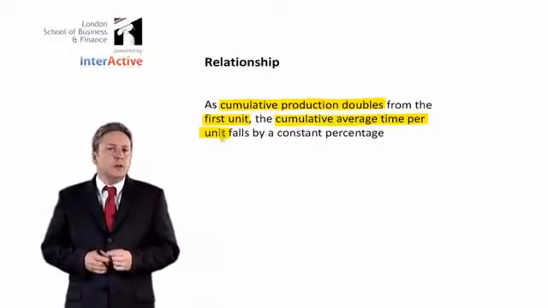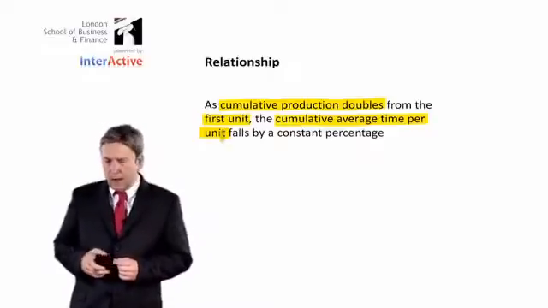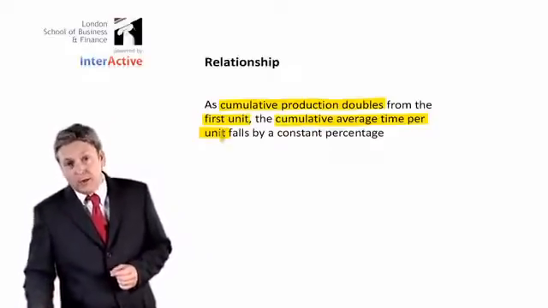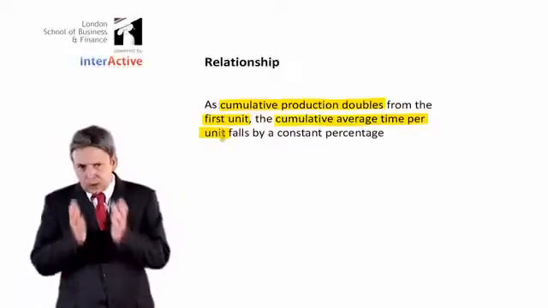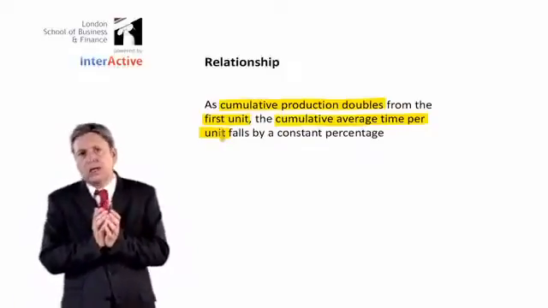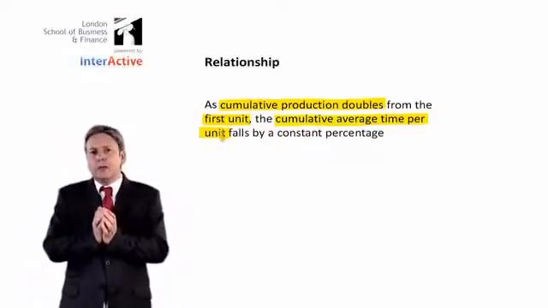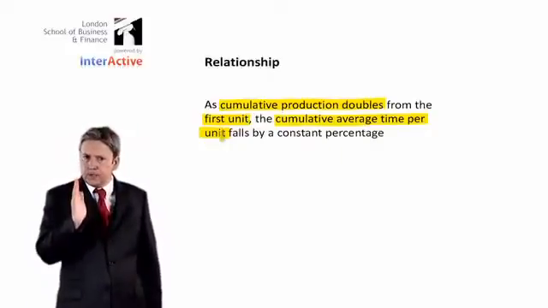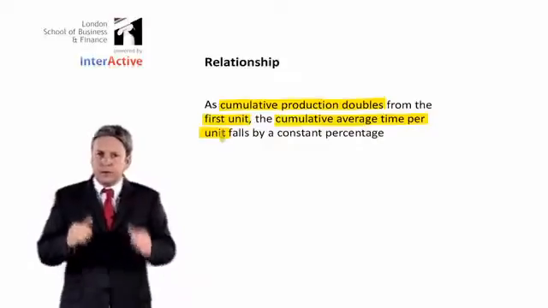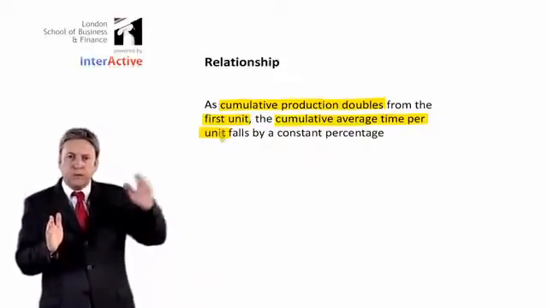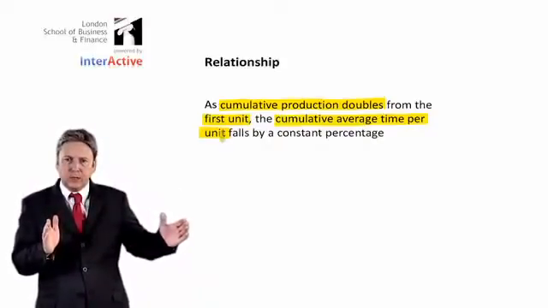Now, the important thing to remember about learning curve is the way that it works. It's stated here, but just to describe it a little bit more clearly, everything relates to the first unit. We can calculate, say, the time taken for the first 4 units or the first 8 units.